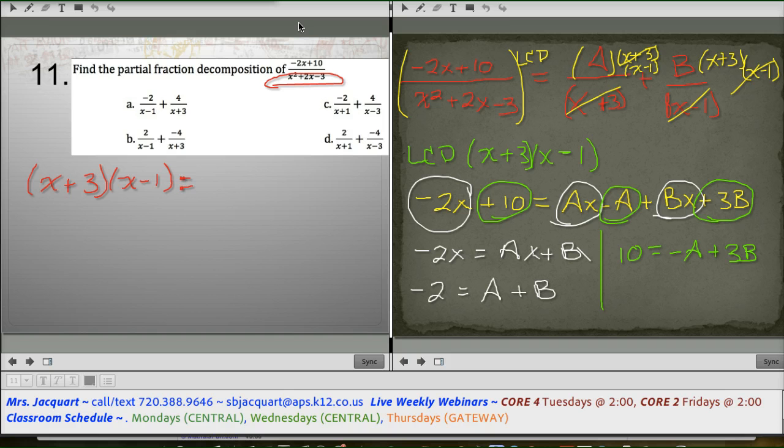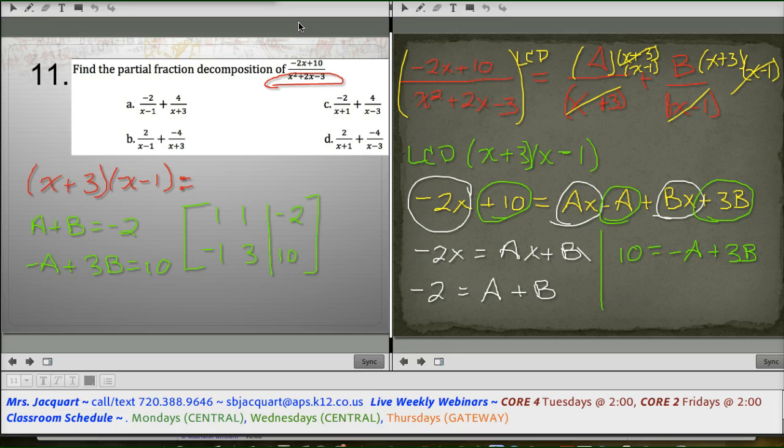With that bit of information, I'm going to write it down so I don't lose it. So I have A plus B equals negative 2. Then I have negative A plus 3B equals 10. Okay, so my augmented matrix for that would be 1, 1, negative 2, and then negative 1, 3, and 10.